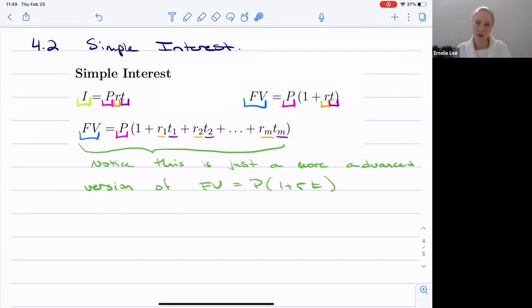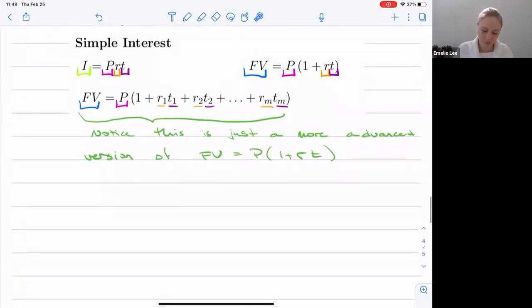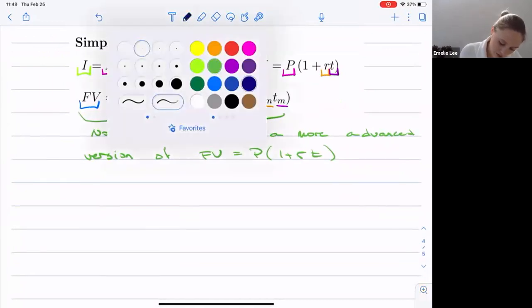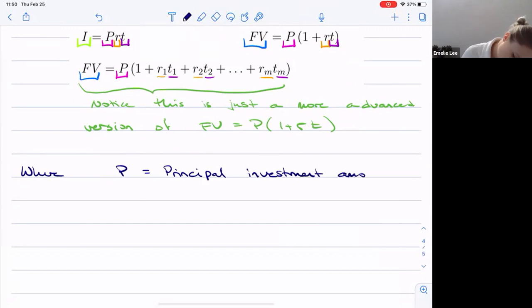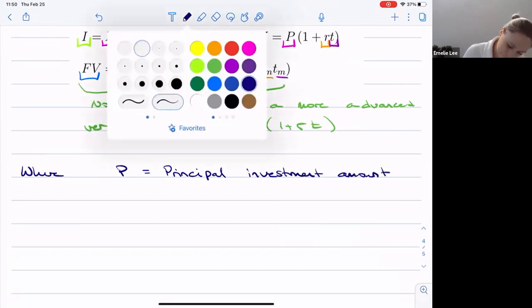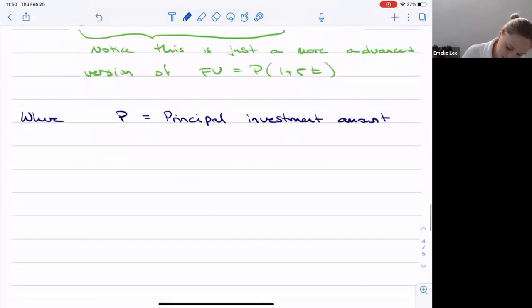Either way, just use them interchangeably. So first thing I want to establish here is that P is the principal investment amount, and I'll make a note that later we call this PV for present value.